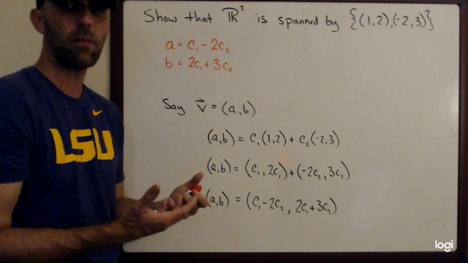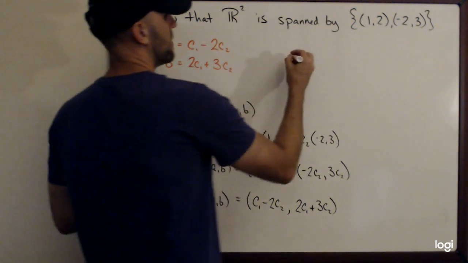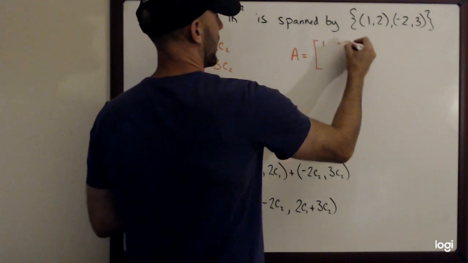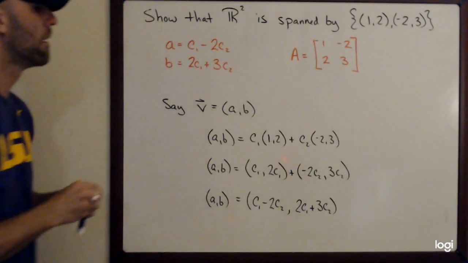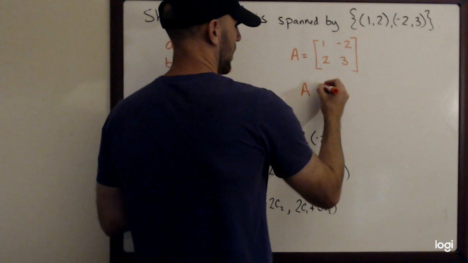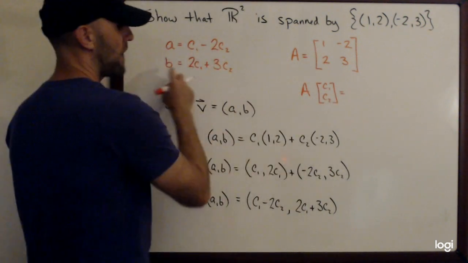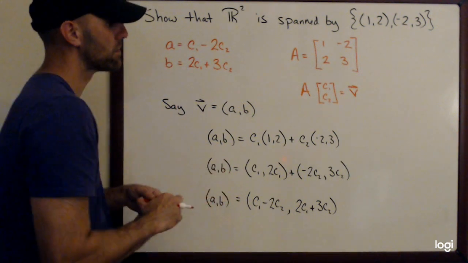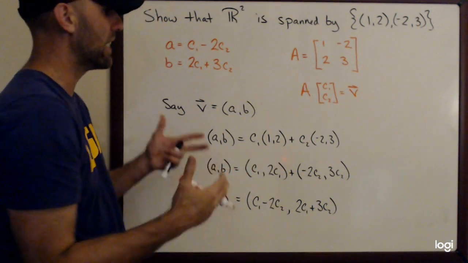I know that this representative matrix, let's call it A, so A is equal to [1, -2; 2, 3], and A times this vector (C1, C2) is equal to this vector V. This has a unique solution, therefore has a solution, as long as A is invertible.